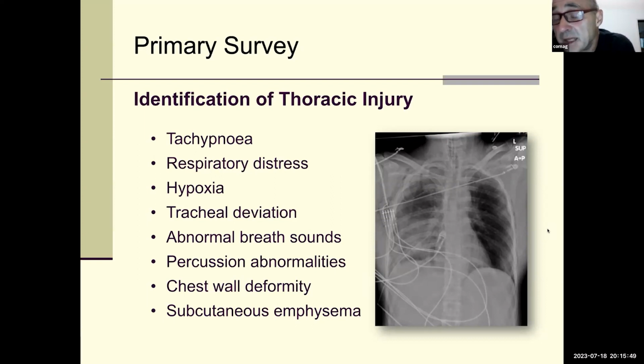Their right heart's barely coping now. We increase the intrathoracic pressure more, the right heart says enough, and they basically die an obstructive death. So when we look at all of this, the identification of a thoracic injury, these are all signs that help us, but we have to keep going back and back and back as it evolves.